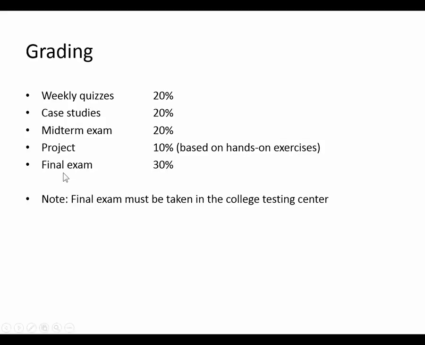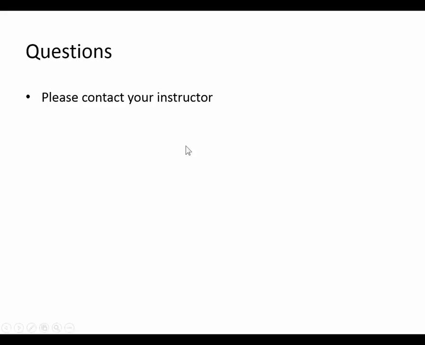And the final exam makes up a full 30% of your grade. Note, the final exam must be taken at the CCBC Testing Center. Questions? If anybody has any questions about anything, please contact your instructor.